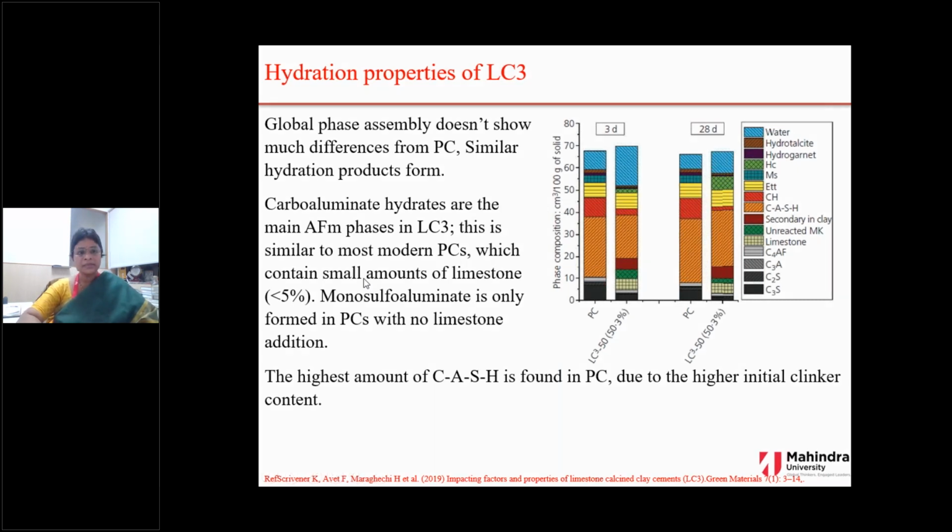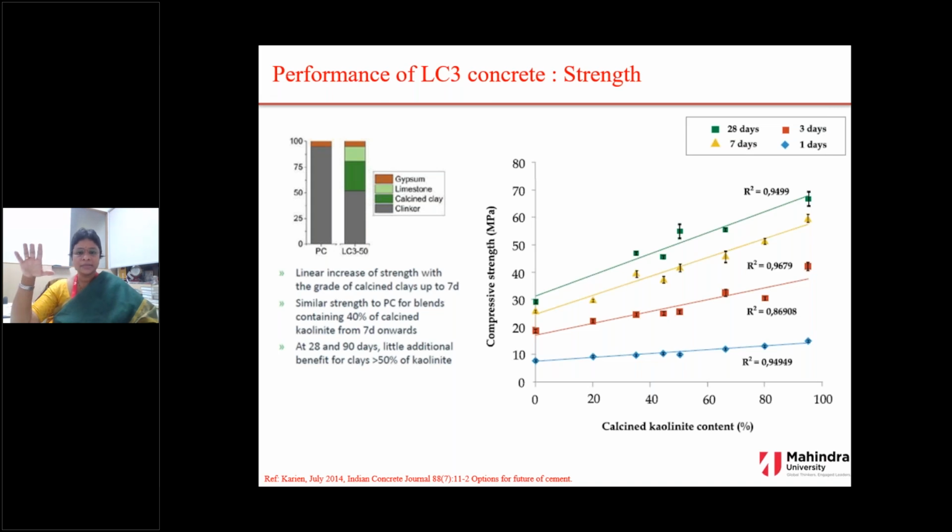Now comparing the strength characteristics, that is the compressive strength of LC3, with respect to ordinary Portland cement. This graph shows the percentage of kaolinite content and the compressive strength for different days. In the bottom one, even though you increase the kaolinite content in the clays, there is not much difference in the compressive strength.